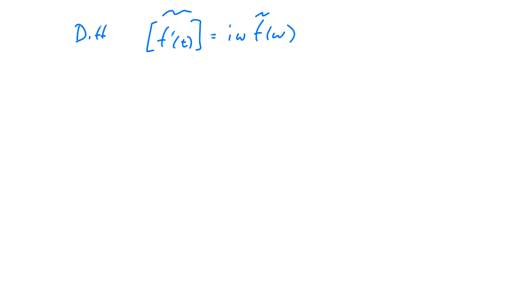Another thing is if you take the second derivative of the function and you take the Fourier transform of that, then it's like multiplying by minus omega squared times the Fourier transform of the function.